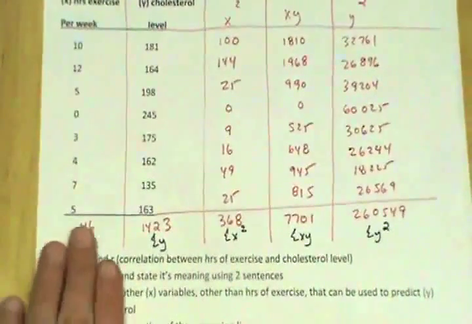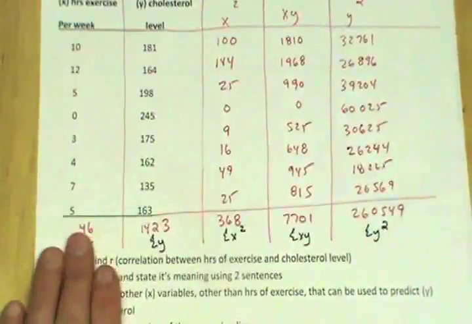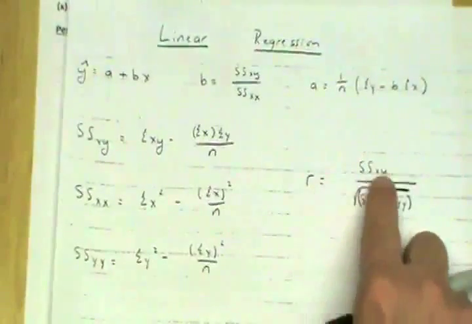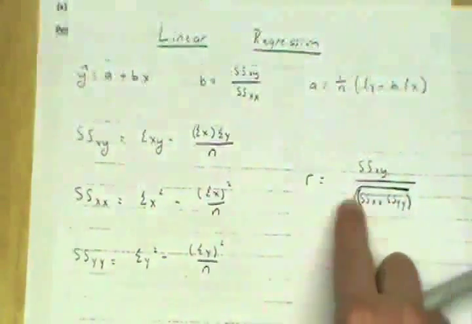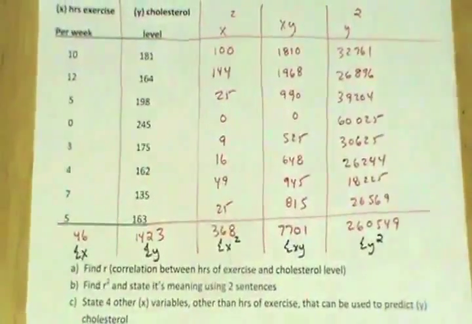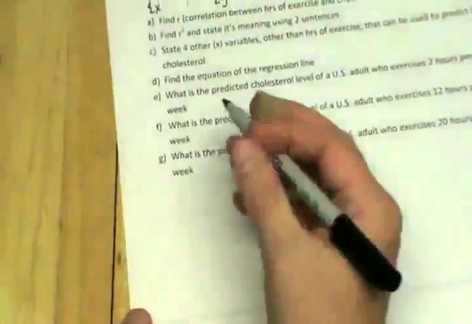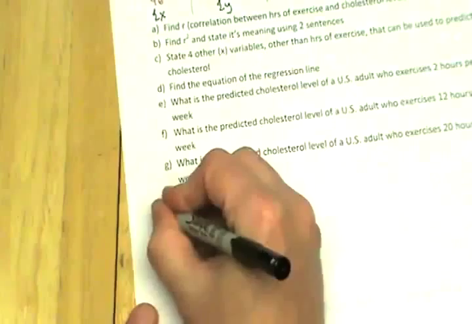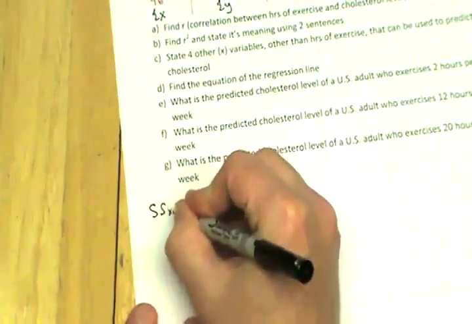So when they say find R, again, if we refer ourselves, I'm just going to bring again over here. Right, we find R, they're referring to these three values, and these three values are over here on the left. So keep this sheet available to you, and I'm going to just follow along right here. Okay, so in order to find R, I need to find SS sub xy.